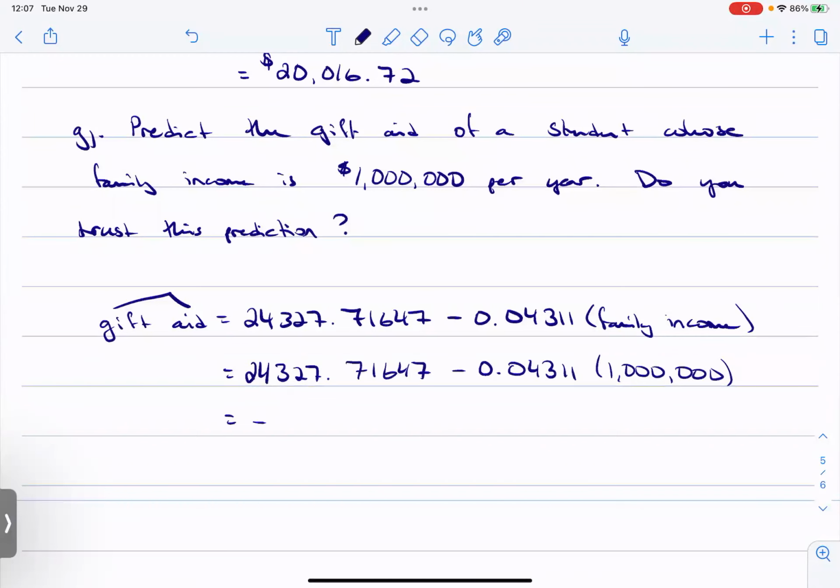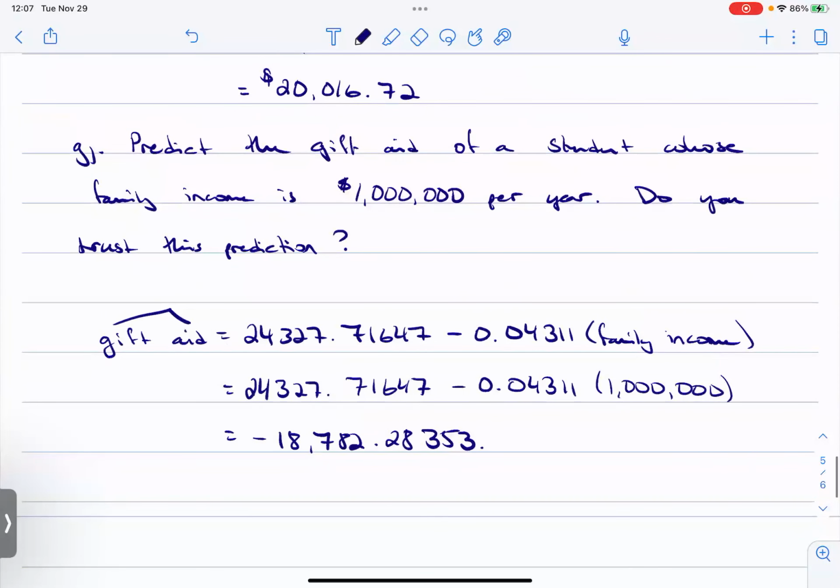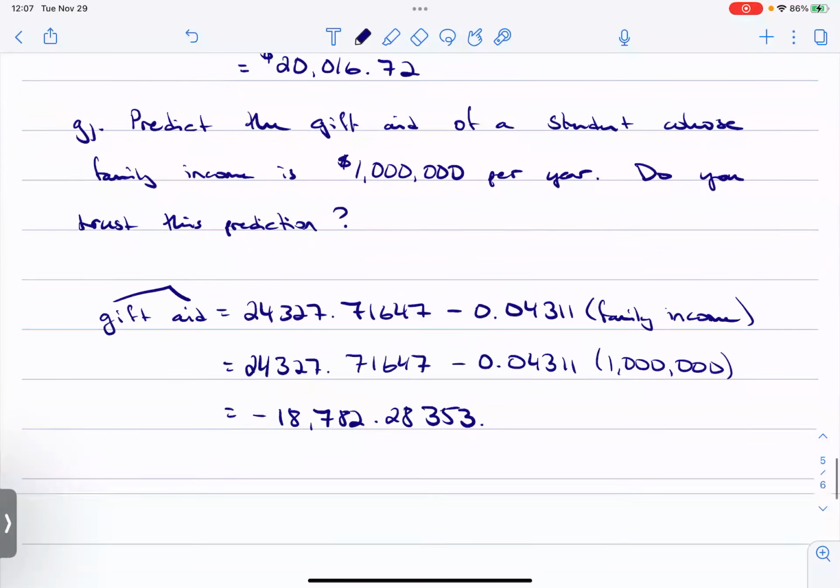Does in fact land me at a negative predicted value, negative 18,782.28353. Maybe this is a good formula for how much you should be donating to your kids' college or whatever, besides tuition. I don't know, just making this stuff up.